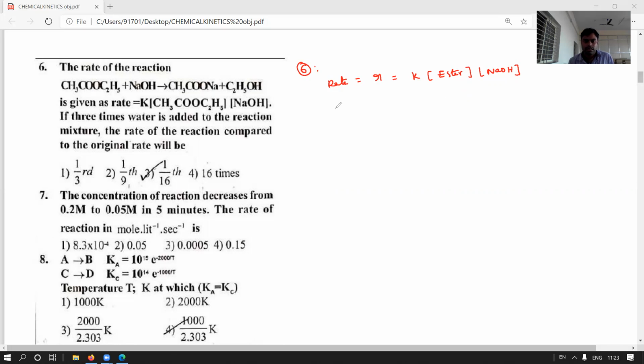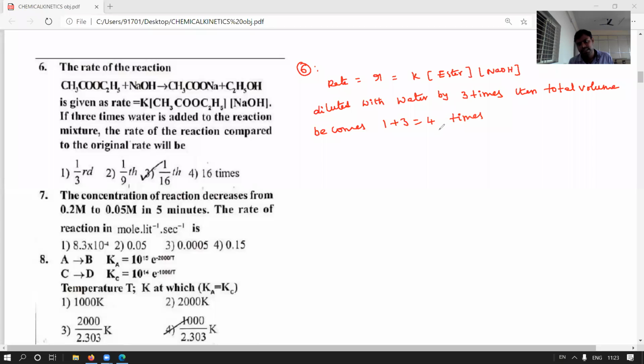If water is added 3 times, meaning diluted with water by 3 times, then the total volume becomes 1 plus 3 equals 4 times.